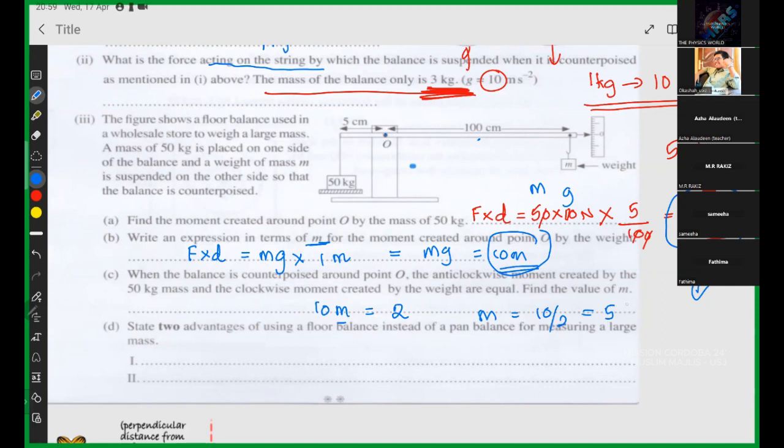Is it coming in kilograms or Newton? Here it's kilogram because we have already written it as 10. Is it clear, everyone, why I have directly got the answer as 5 kilograms?